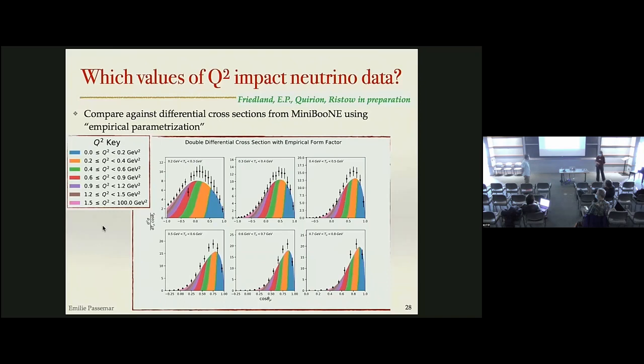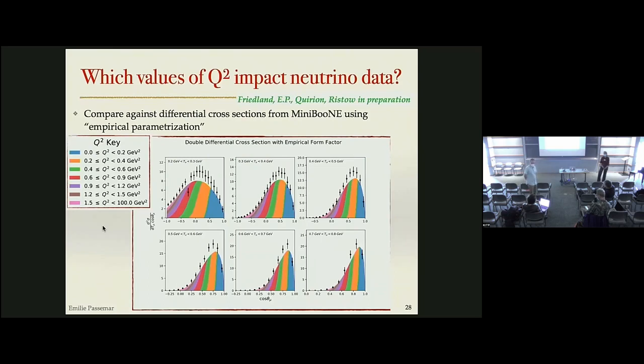They just called it CCQE, or charged-current quasi-elastic, and then Minerva came afterwards. It's not easy to differentiate between this one and the other contributions, right?